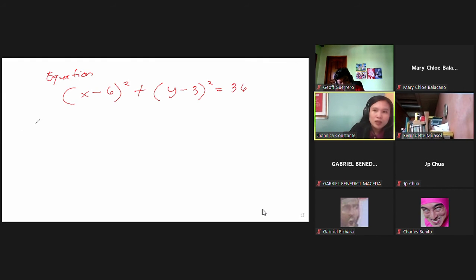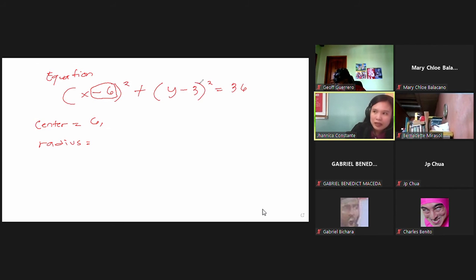And we need to identify the center and the radius of the circle. To find the center of the circle, just get the opposite sign of your h and your k. So if you have negative 6 as the value of your h, it will become positive 6.